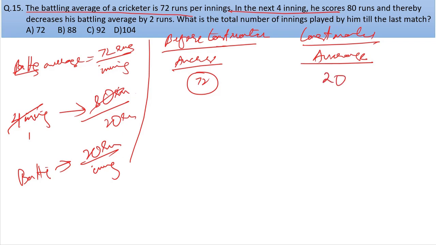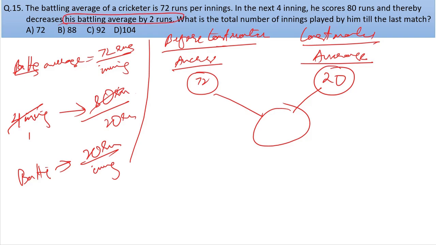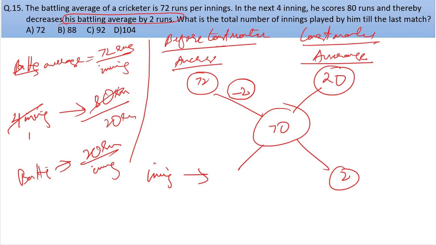So we have 20 here, and then let us take the second part of the question. Then thereby decreasing his batting average by 2 runs. Therefore, this time his efficiency is decreasing and his batting average is decreasing by 2 runs. Now we have 70 here. The difference, that is inning ratio, is 22 minus 20 is 2 here. 70 minus 20 we have 50 here. 2 ones are 2, 2 25s.